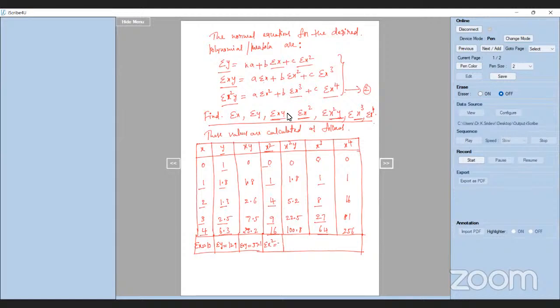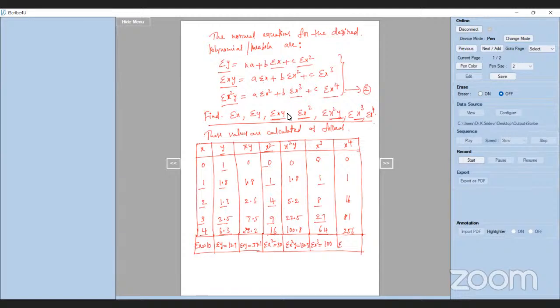Next, summation x square, the sum of all the x square values: 30. Next, the sum of x square y: 130.3. Next, the sum of x cube values: 100.